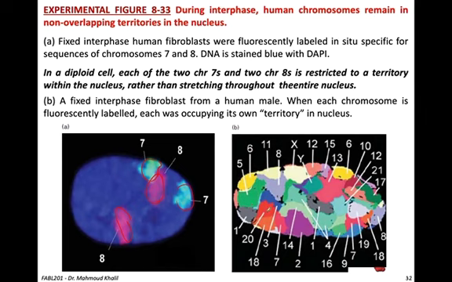They managed to stain each type of chromosome, and they found that each chromosome has a specific territory inside the nucleus. It's not moving around. And this gave a lot of understanding of how the chromosomal regions are organized inside the nucleus.